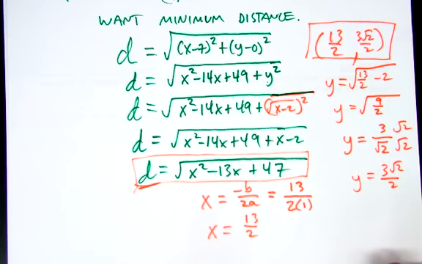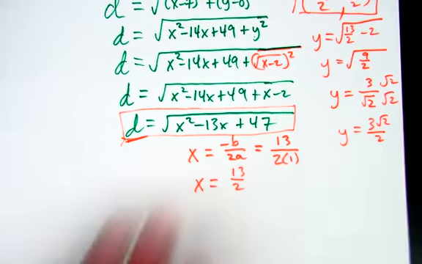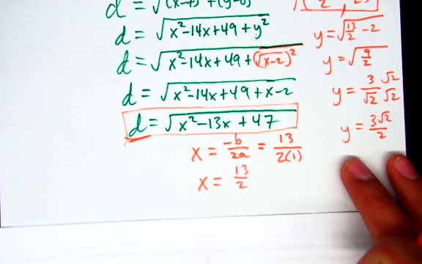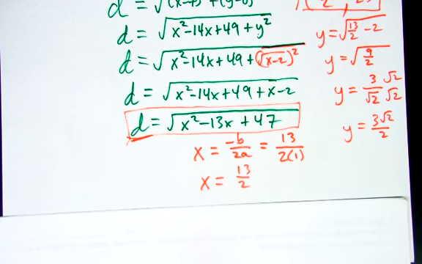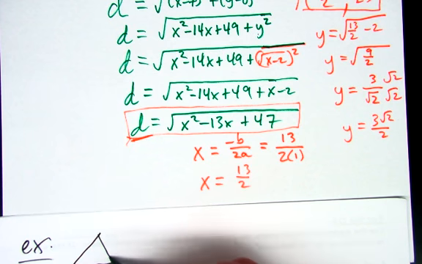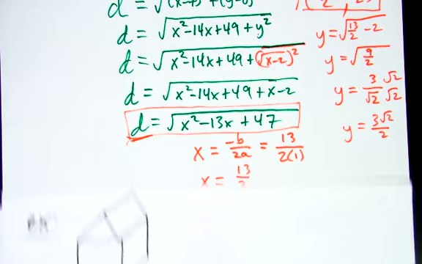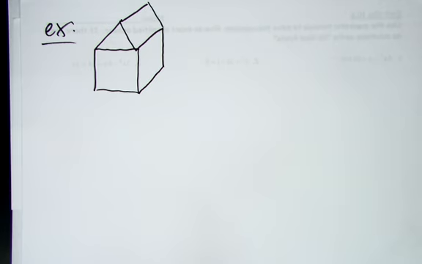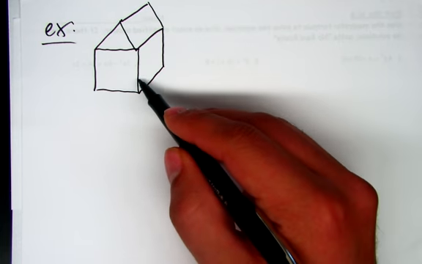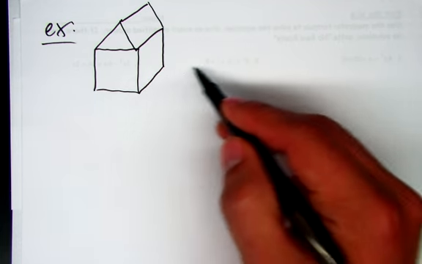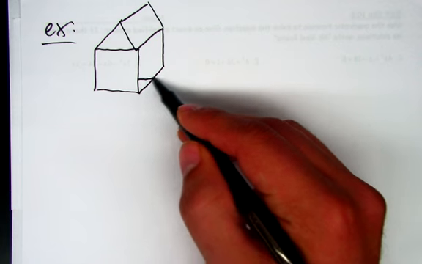Okay, one more problem. Okay. So let's say we have a house of some sort. So I'm going to draw a picture as I describe the scenario. And what we want to do is build like a fence in our yard that would look something like this.